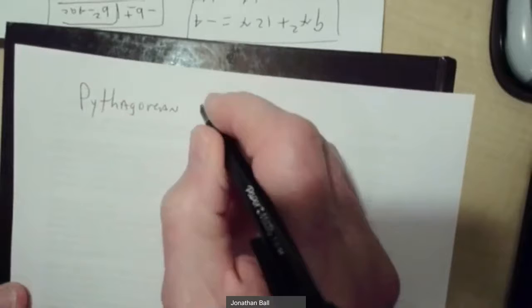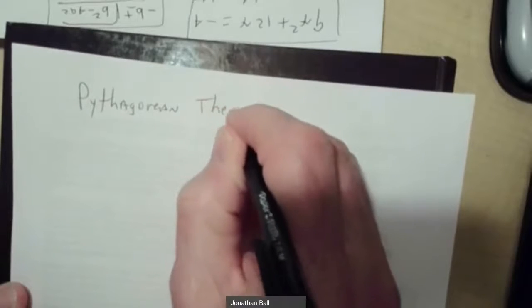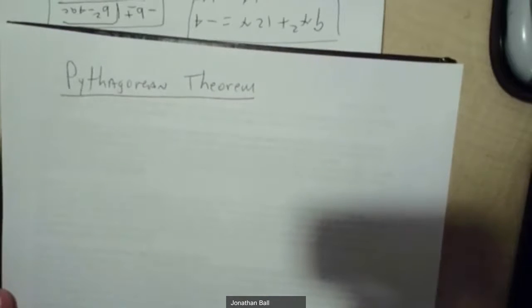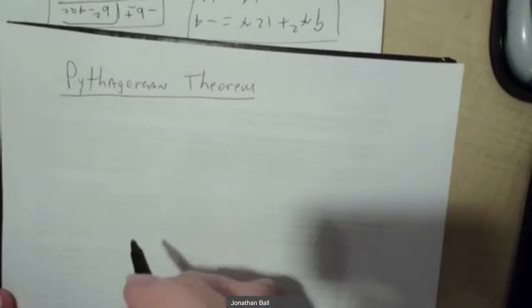It's named after Pythagoras, and he developed it about 350 BC, about 350 years before Jesus was born. I mean, this was a long time ago.